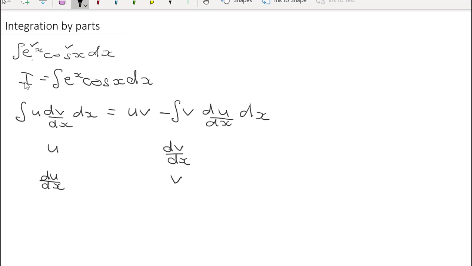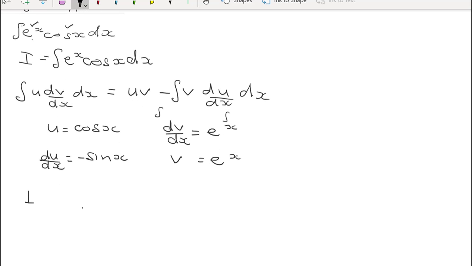I am going to arbitrarily choose u to be equal to cos x and dv by dx equal to e^x. Therefore, du by dx is equal to minus sine x and v is equal to e raised to the x.